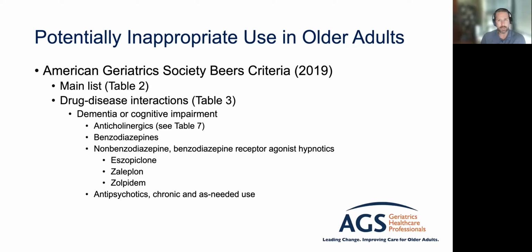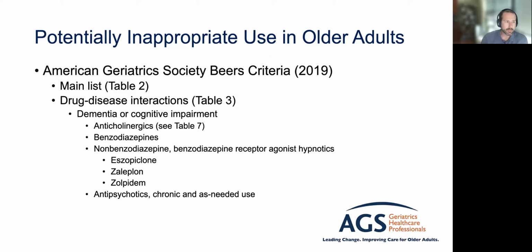There are many components to the Beers criteria. When they began, they were literally just one list, but now they encompass much more than just one list. The main components, though, are Table 2, which is the list of drugs that are generally high risk in older adults, and then Table 3, which are drug-disease interactions, which will list a condition, say, for example, here on the slide, dementia or cognitive impairment, and then it will list medications that should generally be avoided in older adults with a given condition.